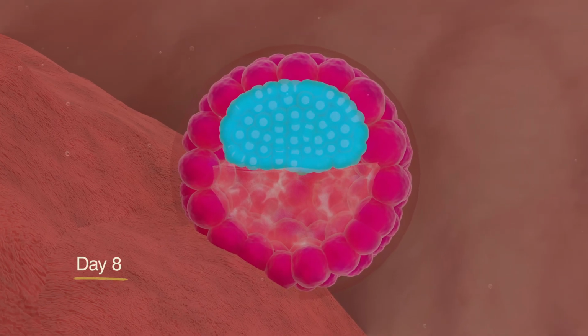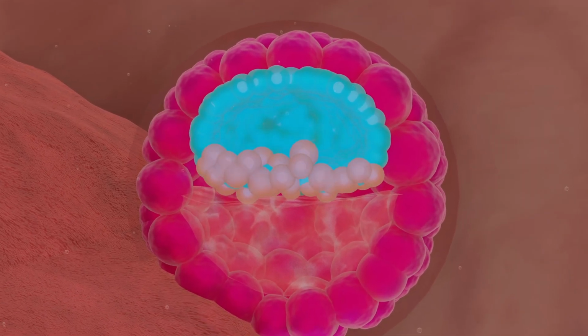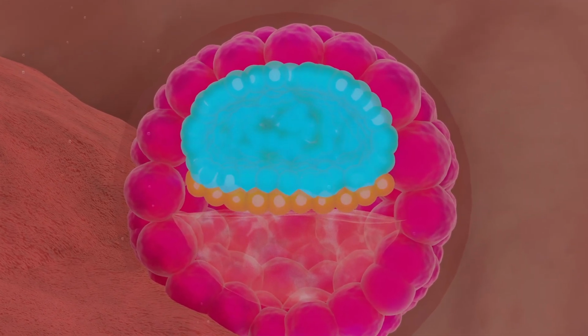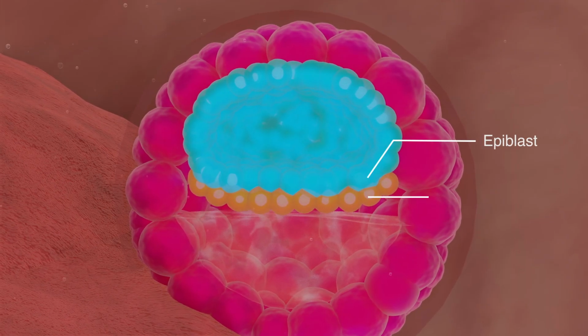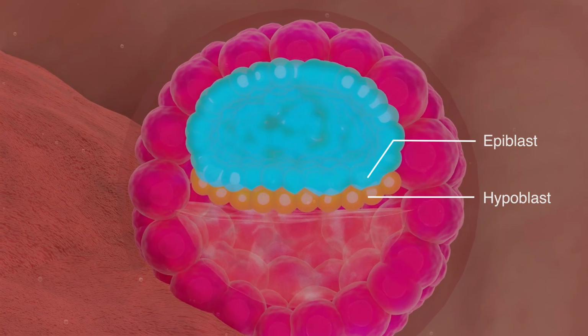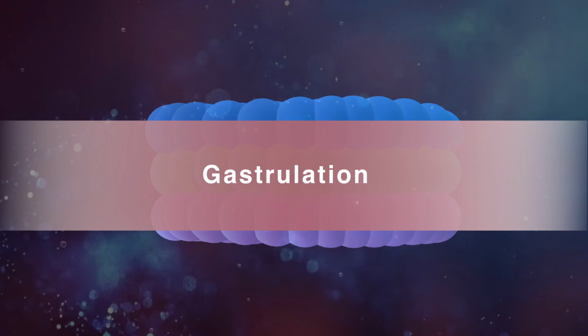On the 8th day after fertilization, the embryoblast continues to differentiate and transforms into a structure consisting of 2 layers. The upper layer is called the epiblast, and the lower layer is called the hypoblast. This 2-layered structure is known as the bilaminar disc formation.